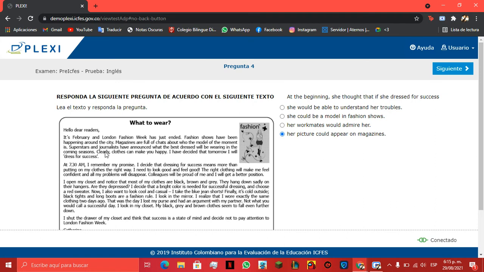Here it says superstars and journalists have announced what the best dressed will be wearing in the coming seasons. So I think that's why this is the correct answer.